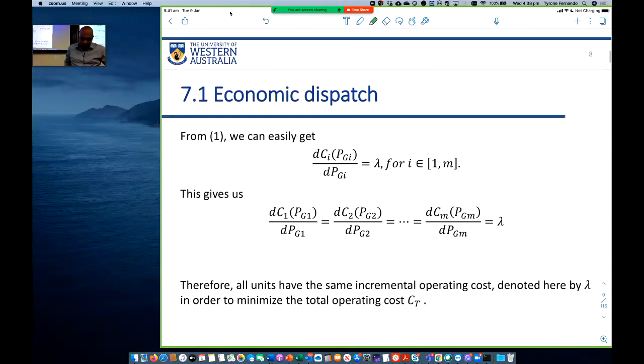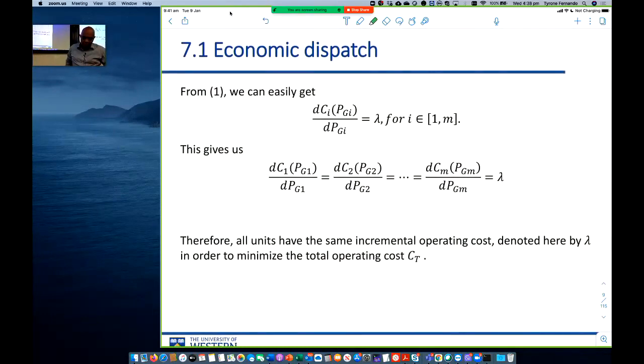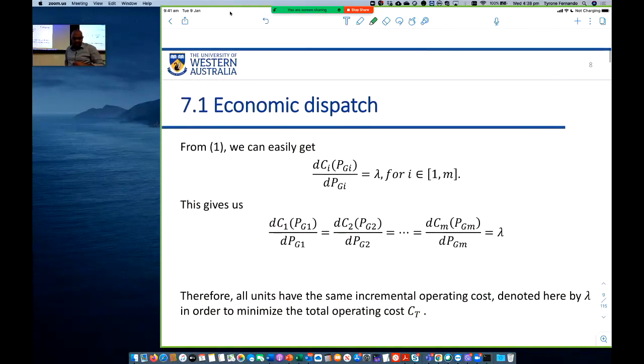So equation 1 is telling us that the incremental cost of generating a unit of power for all the generators must be equal, and must equal the value lambda.